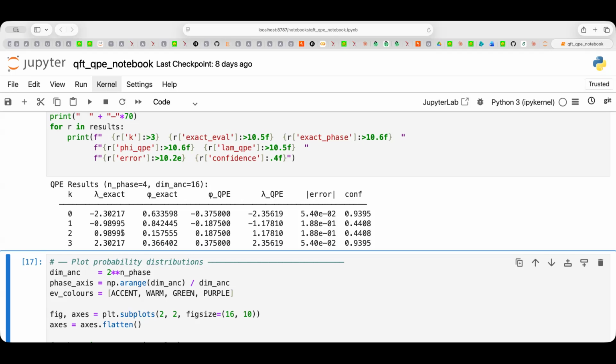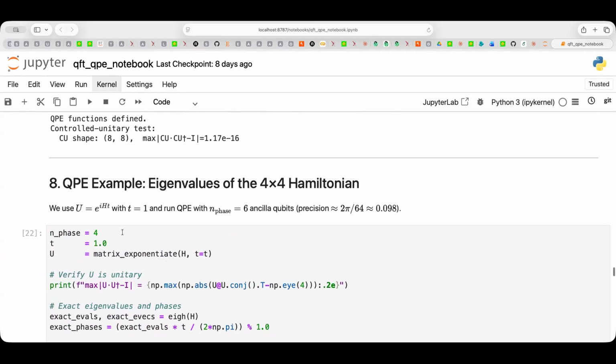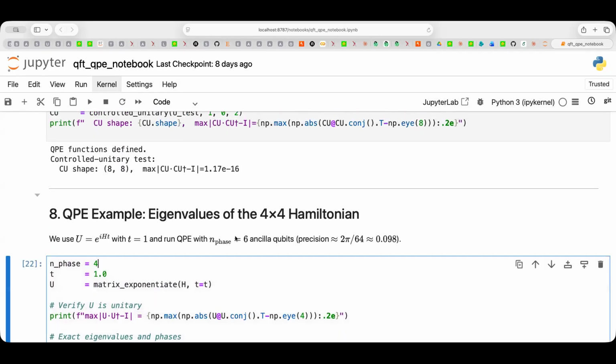So the depth of the circuit obviously increases the more ancilla qubits I have. And if I bring this back to 10, as was the case, so with 6, this is the precision I would get. So this is the eigenvalue, 2 pi divided by 64, which would be the precision I would get with 6 qubits.